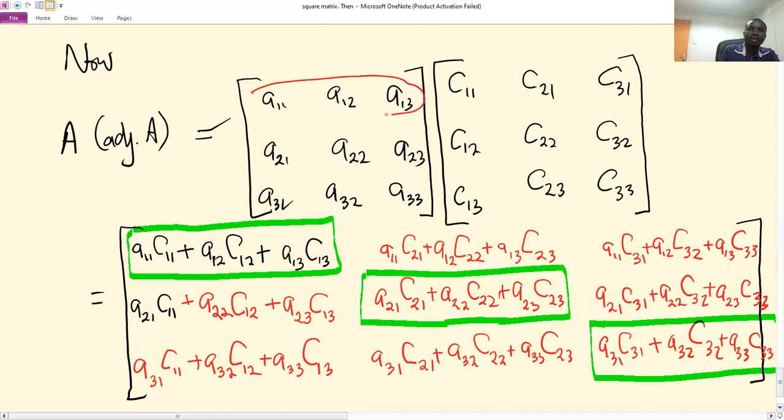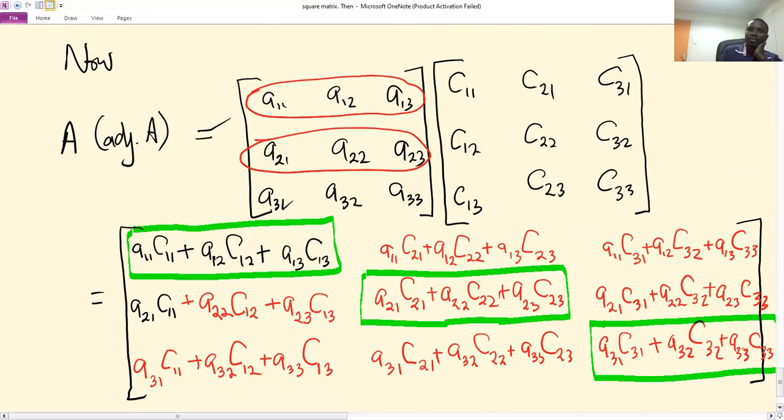If you take elements along a row, multiply each element by its corresponding cofactor, and then sum them, you define the determinant. Similarly, A21, A22, A23, the elements in the second row, multiplied by their corresponding cofactors, give the determinant of the matrix.